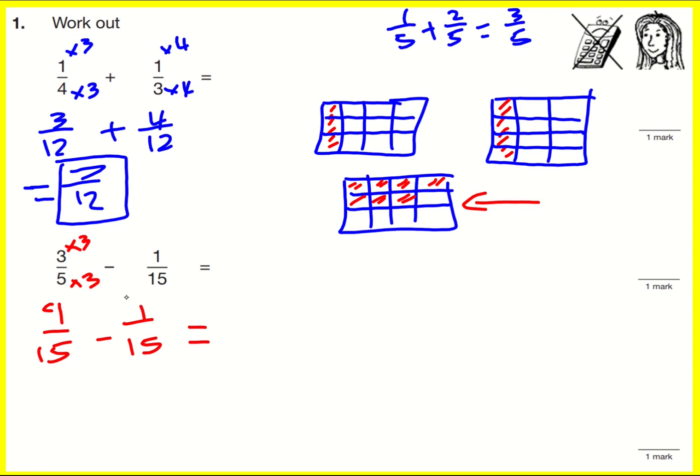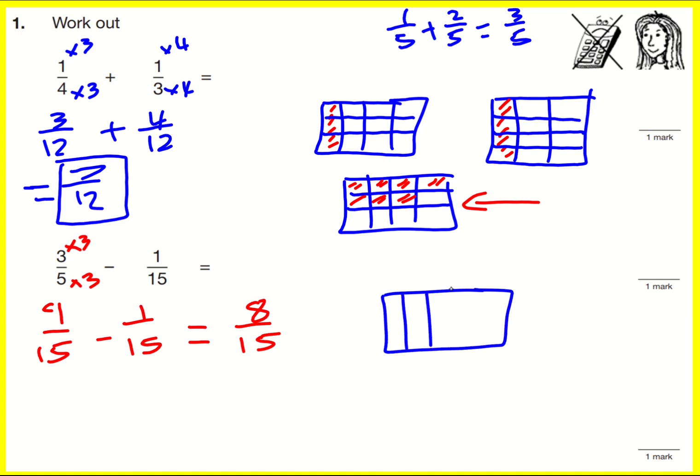And then, in a similar way to when we're adding, when the denominator is the same, we can do that here. 9 bananas minus 1 banana is 8 bananas. 9/15 minus 1/15 is 8/15. Okay, we'll draw the picture for this one. So 3/5.